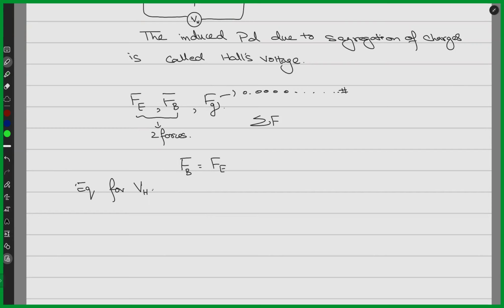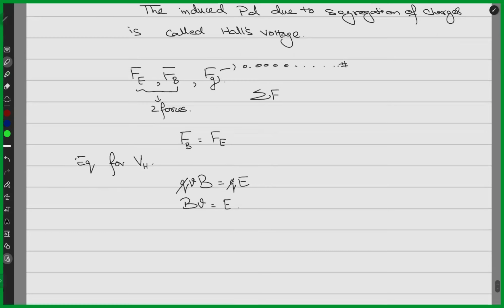So we'll start with this relation that the magnetic force is equal to the electric force. That means that QvB is equal to QE. You can immediately see that the Q's cancel out, and you're left with Bv is equal to E. Now, what is this E?